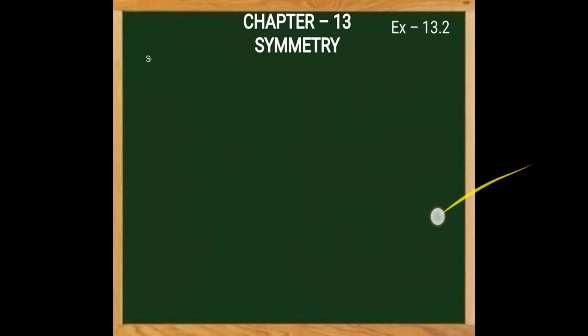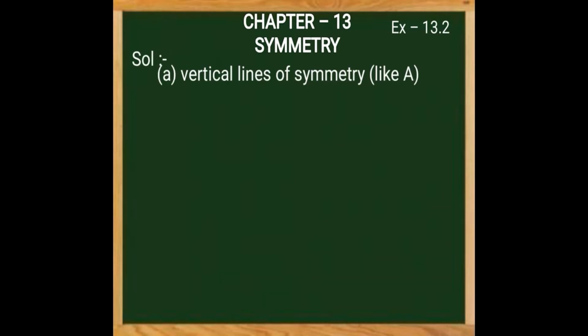So solution 7, part A, vertical line of symmetry. Everybody knows the alphabet, I guess. You have the set of alphabets from A to Z. Write the alphabets and draw a vertical line of symmetry from the center of each letter.